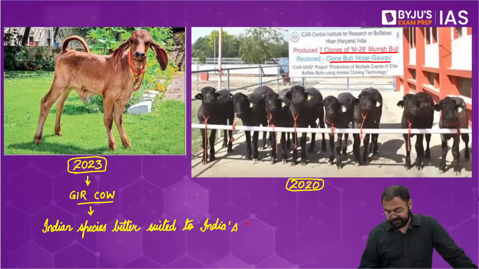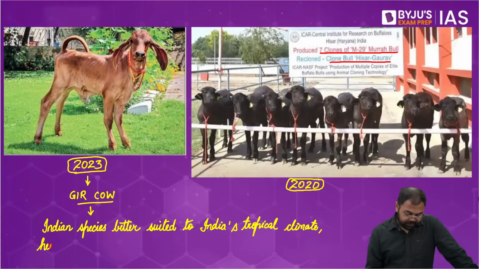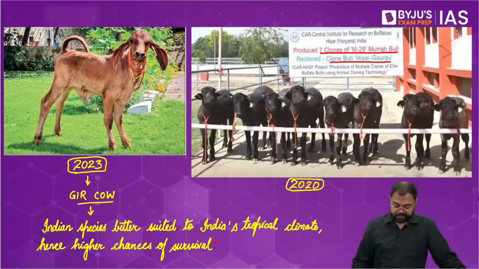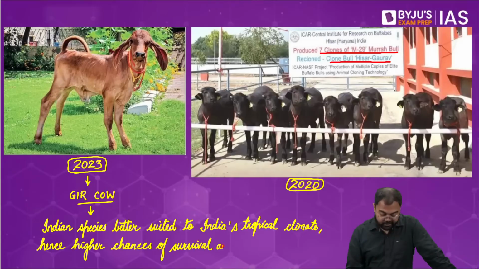India's tropical climate. Hence, we have higher chances of survival. Right, higher chances of survival also, and immunity against diseases.